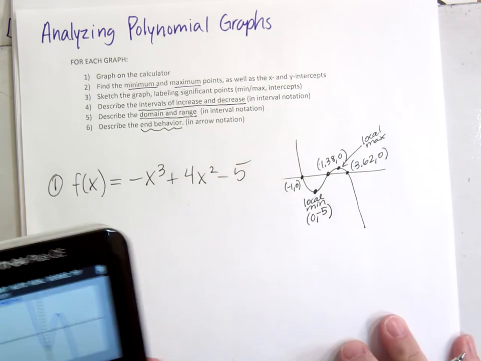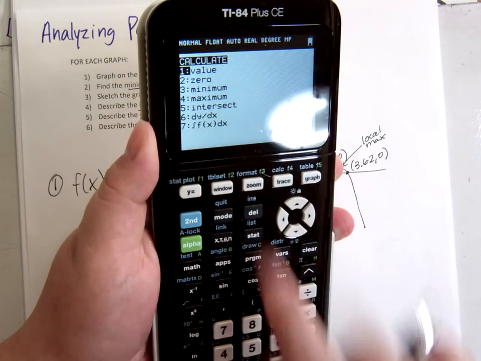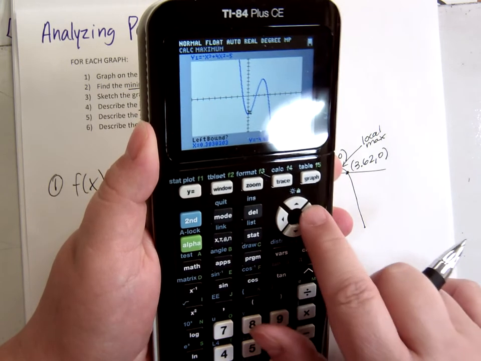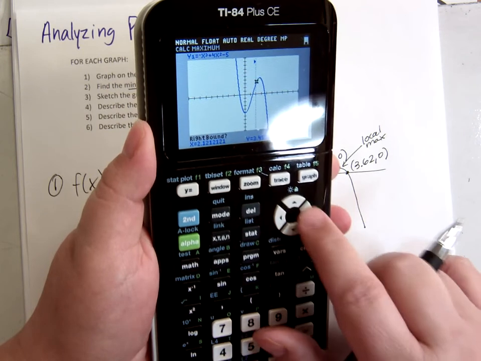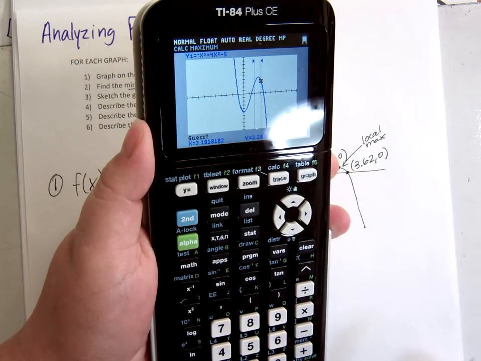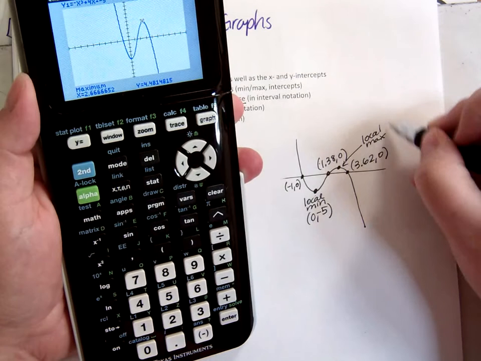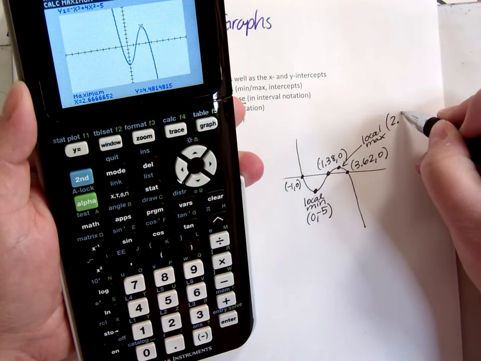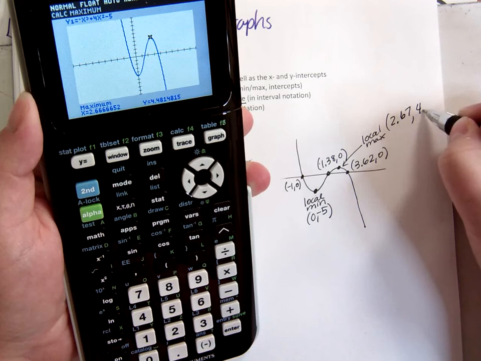And my local max for this graph, second trace, maximum is 4, so I hit 4. And then I go over to where that high point is, and I go slightly to the left of it, hit enter. To the right of it, hit enter. Guess. My max is at 2.67 and 4.48.